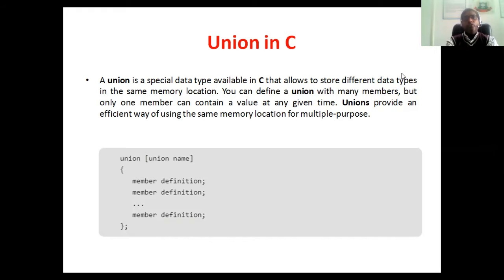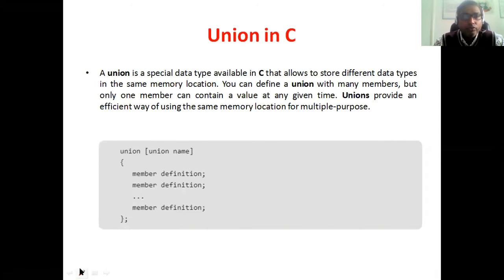Similarly, a union is also a user-defined data type. Union always starts with the union keyword, just like a structure always starts with the struct keyword, followed by the structure name. Similarly, union also starts with the union keyword, followed by the union name.